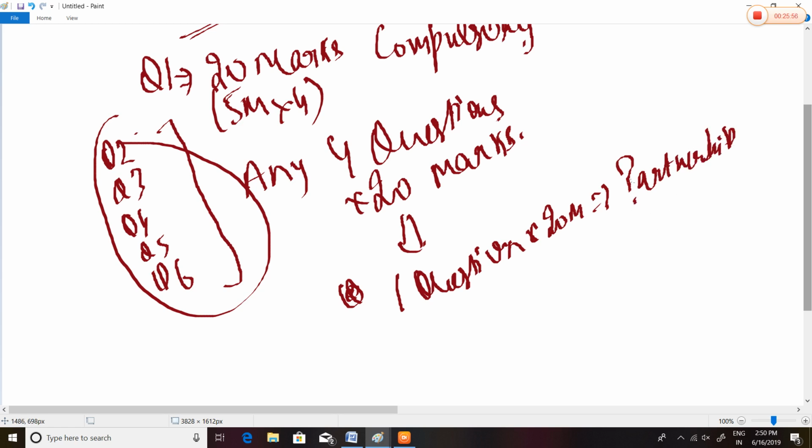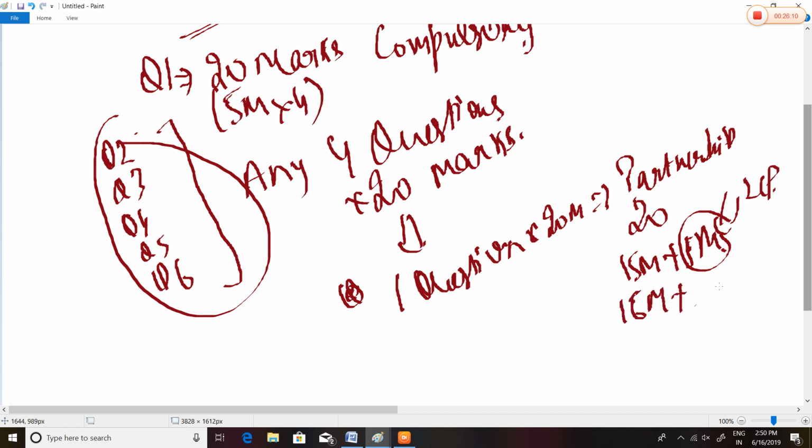It shall be a full numerical 20 marks question, or a 16 marks numerical question and a 4 marks theory question related to LLP, limited liability partnership.